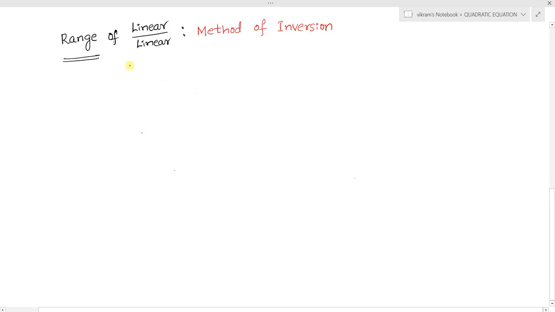Now we discuss how to find the range of a function in the form of a linear expression by linear expression.